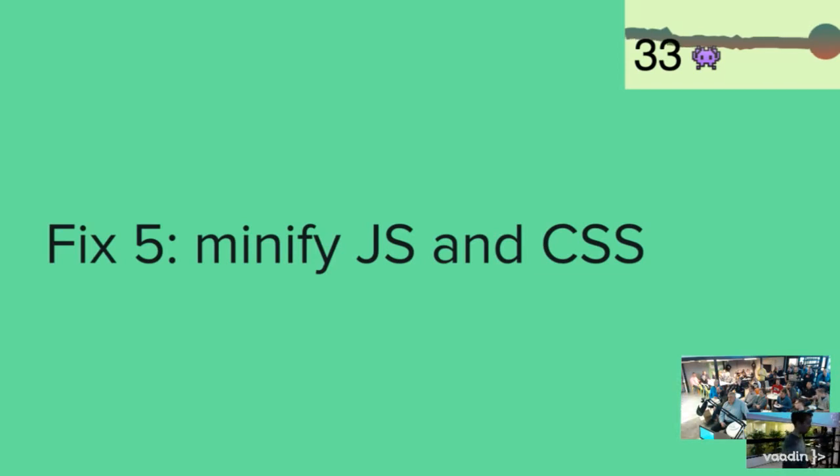Then fix number 5, minifying all of your JavaScript and CSS files. Minifying means that it will take all the extra spaces and extra line breaks away from the files, meaning that the files will be at a smaller size. So I saw that the trend was going up, and now it's staying in the middle.